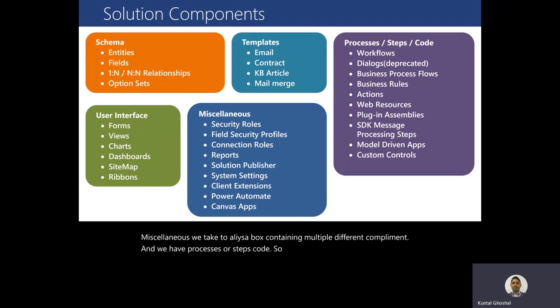So let's talk a little bit. I'm not going to explain much detail because we will be talking about most of the things in the coming slides. But schema are basically entities that you will be creating or you will be including as part of your customization, the fields, the relationships. User interface are basically forms, views, charts, dashboards, sitemap, ribbon, and then there are templates, which you might create for your organizational need, like email template, KB article template, mail merge template.